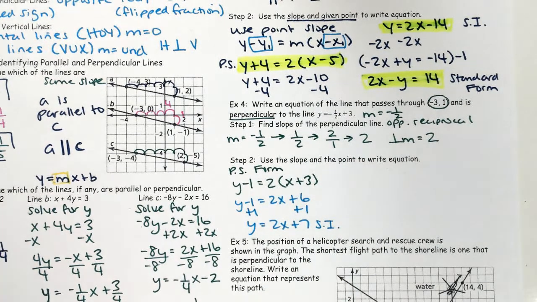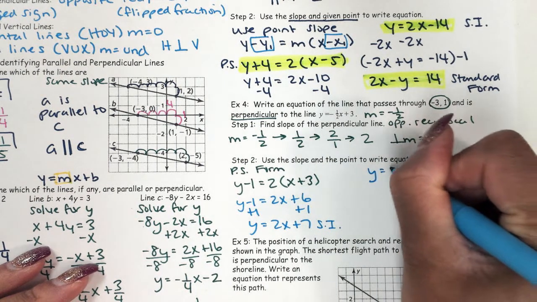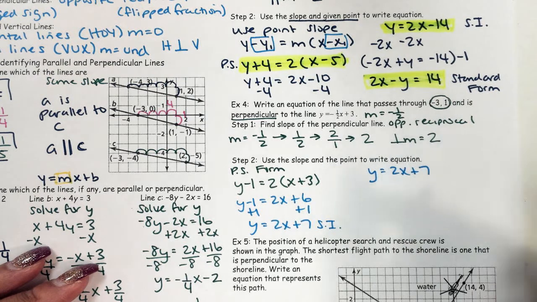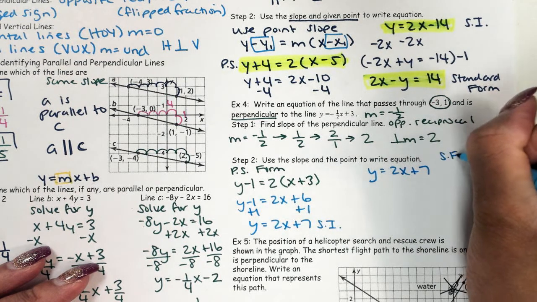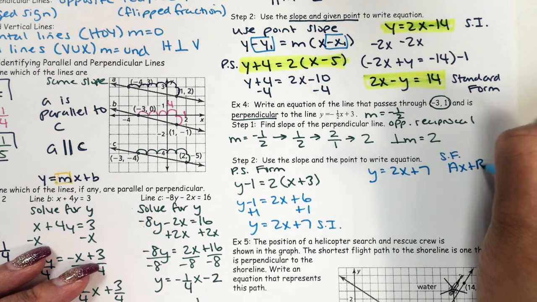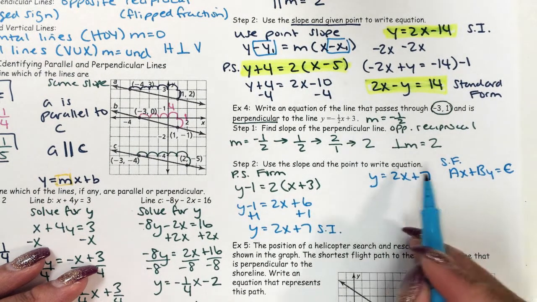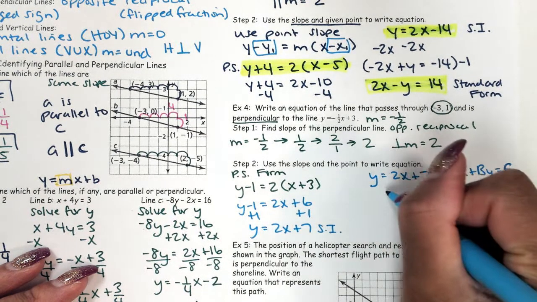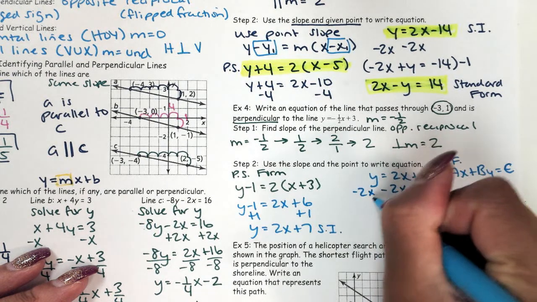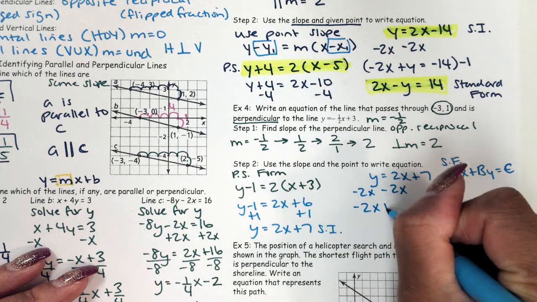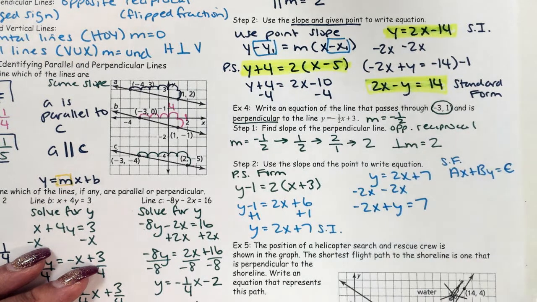And for extra practice, let's go ahead and put it in standard form. So when we have y equals 2x plus 7, remember standard form is ax plus by equal to c. So I'm going to make sure I have x and y on the same side. Subtracting 2x, I have negative 2x plus y equal to 7.